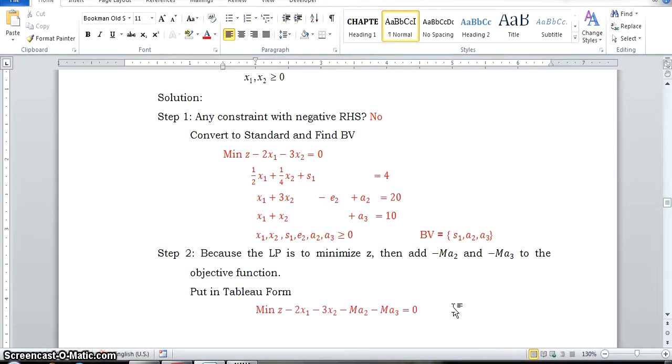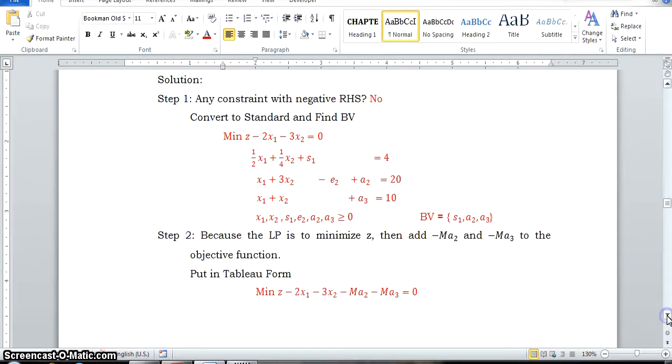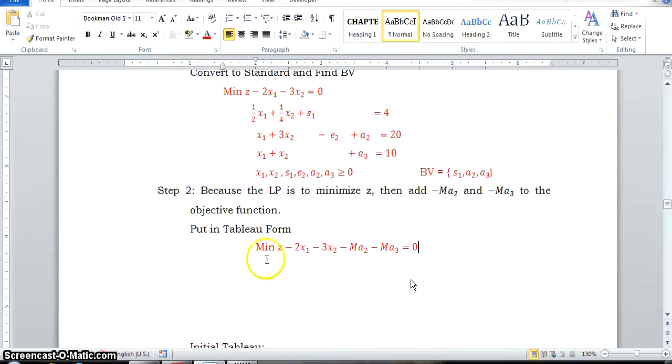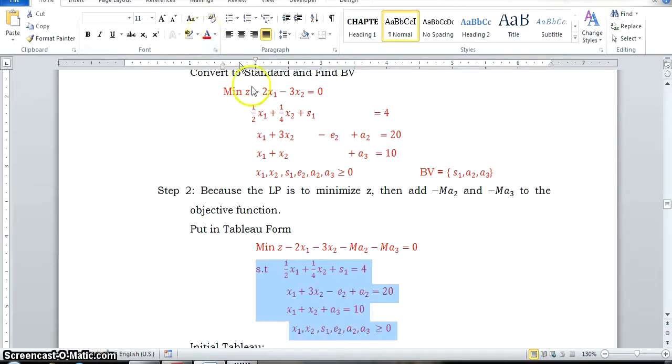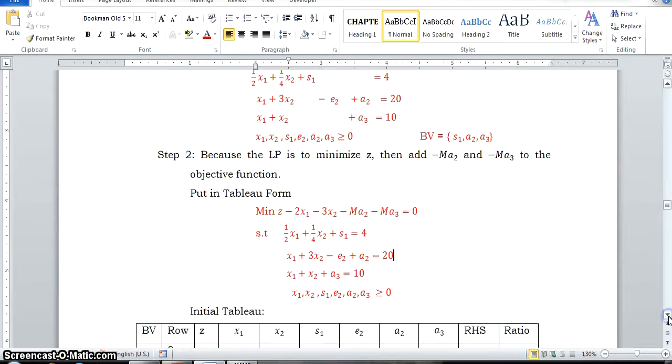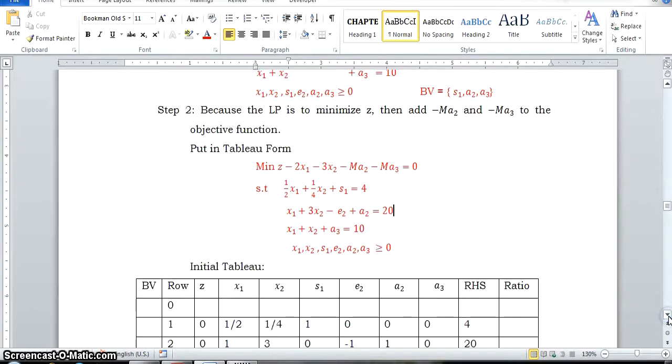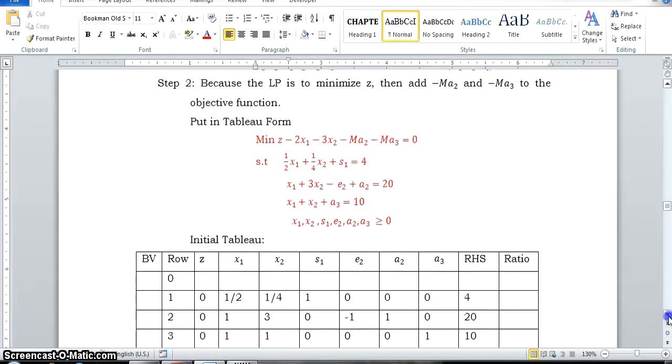Now, row 0 is minimize z minus 2x1 minus 3x2 minus MA2 minus MA3 equals 0. The constraints remain unchanged. Next, we draw the initial tableau.